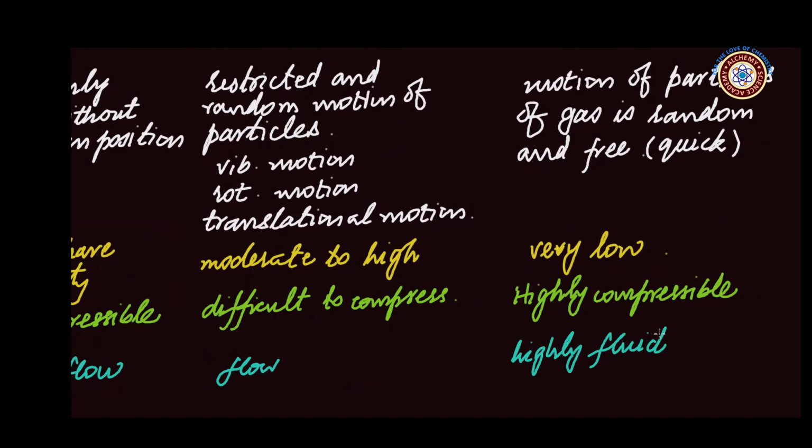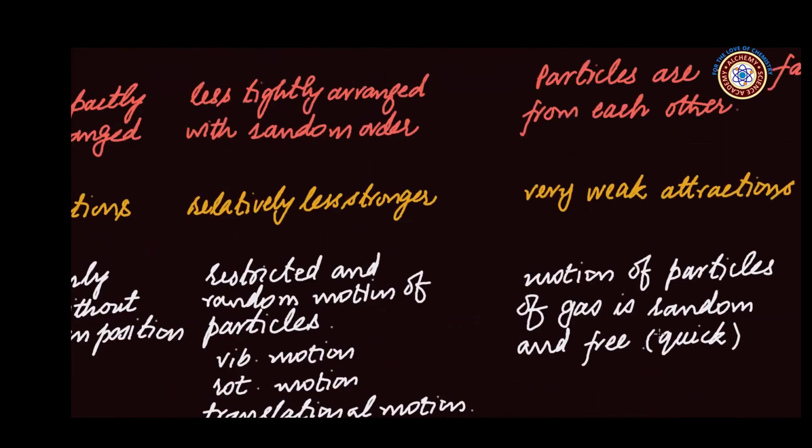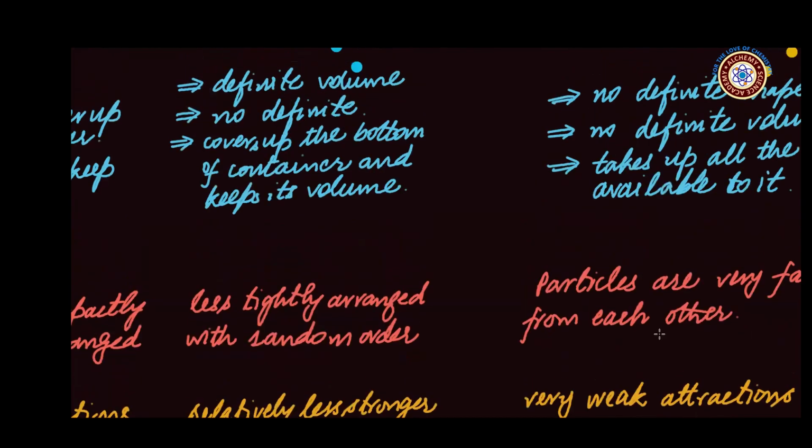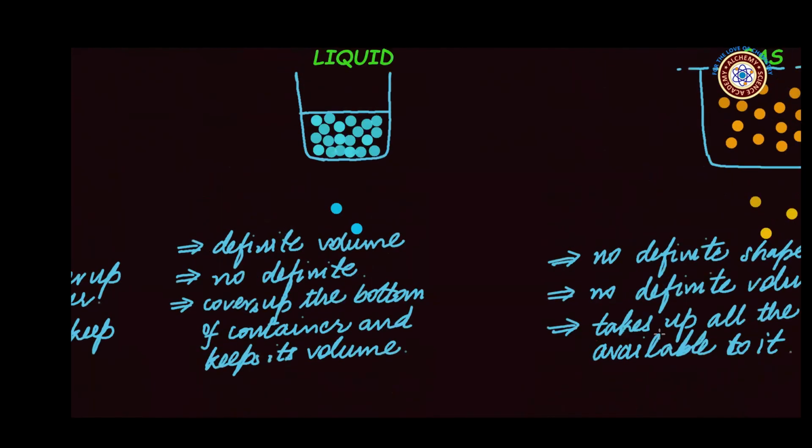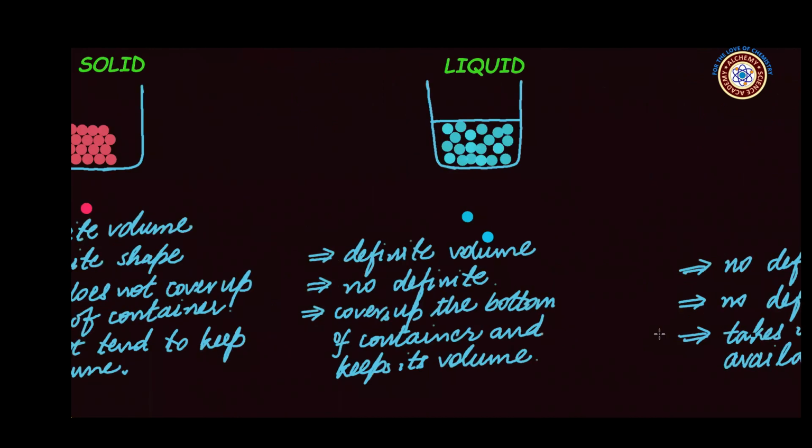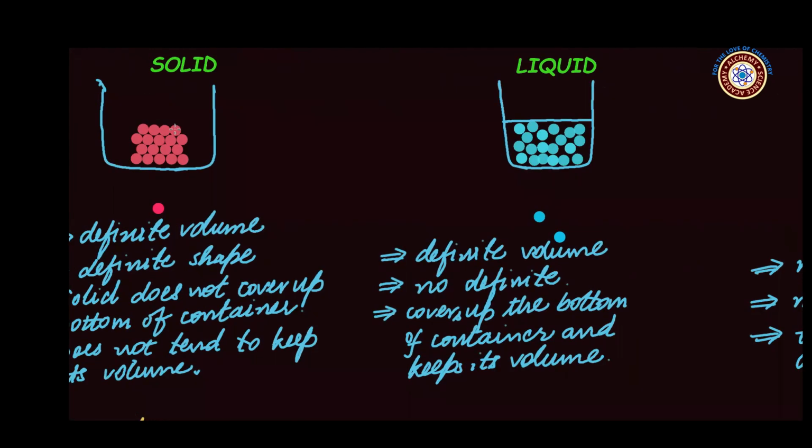Because liquids and gases can flow, both these states are said to be the fluid states of matter. Now, the molecular motion of solids can be represented as that they vibrate to and fro without leaving their mean positions.